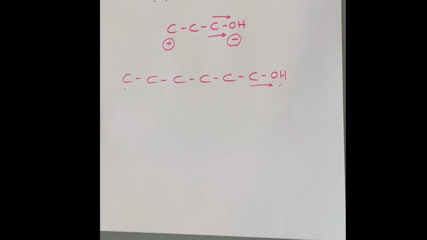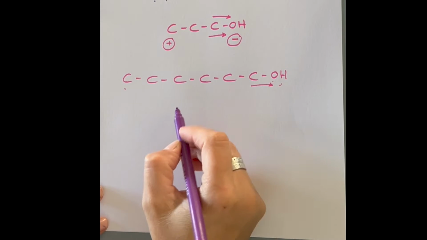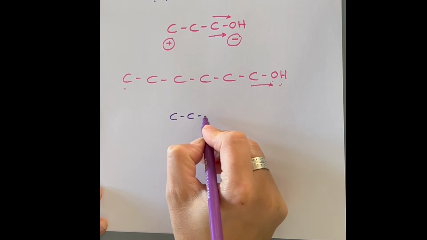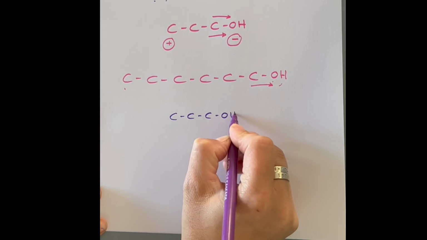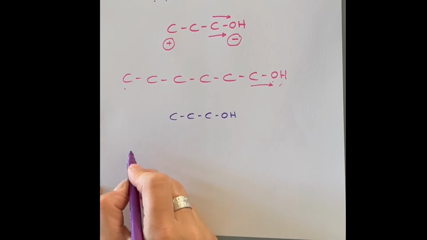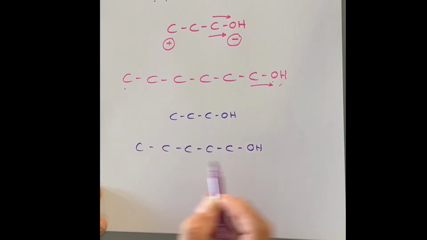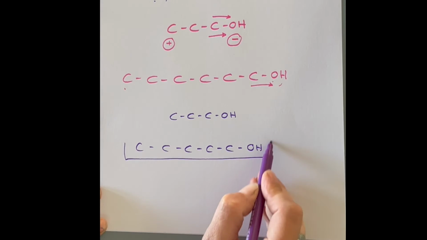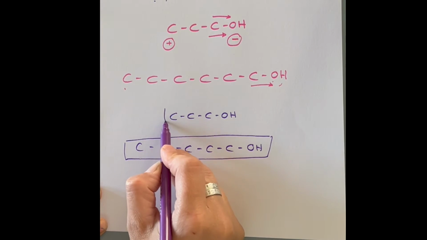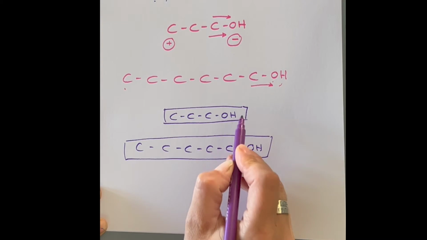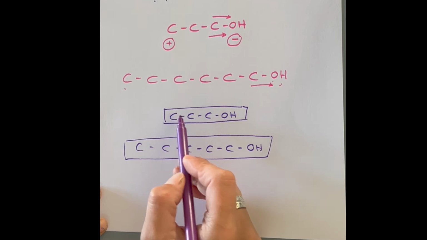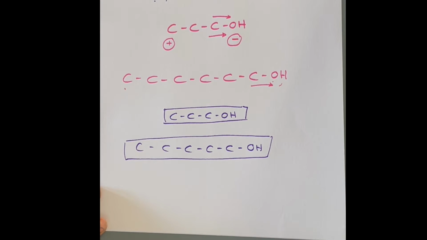Okay, so solubility. When we look at melting and boiling points, we look at the forces between these molecules. So when we look at a molecule that looks like this compared to a molecule that looks like that, the melting point will be higher with this one compared to that one. Because when we look at melting and boiling points, it's these forces between the molecules that need to be broken.